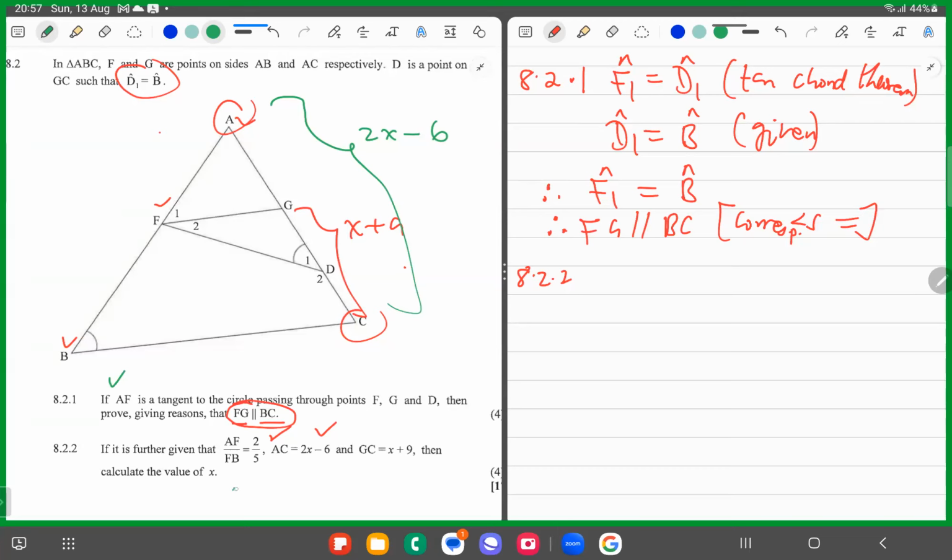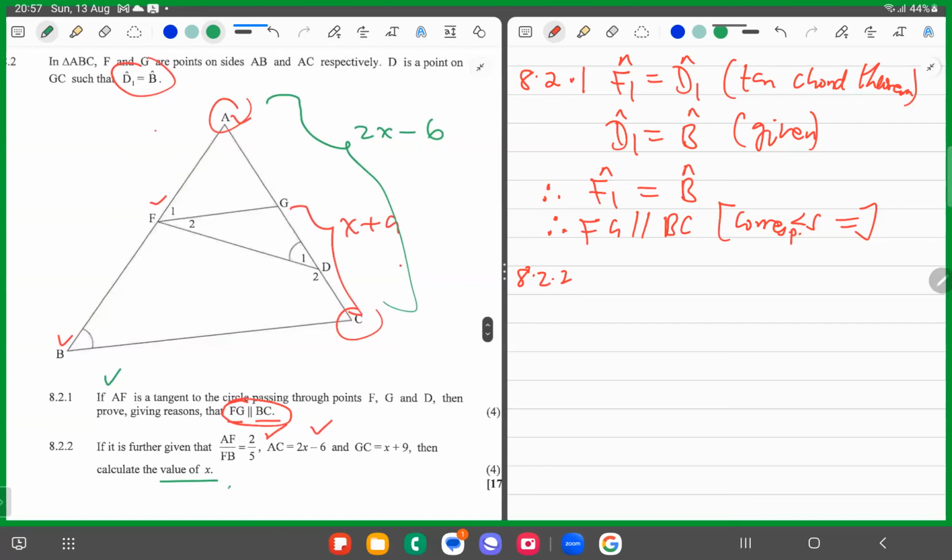That is the question: calculate the value of x.